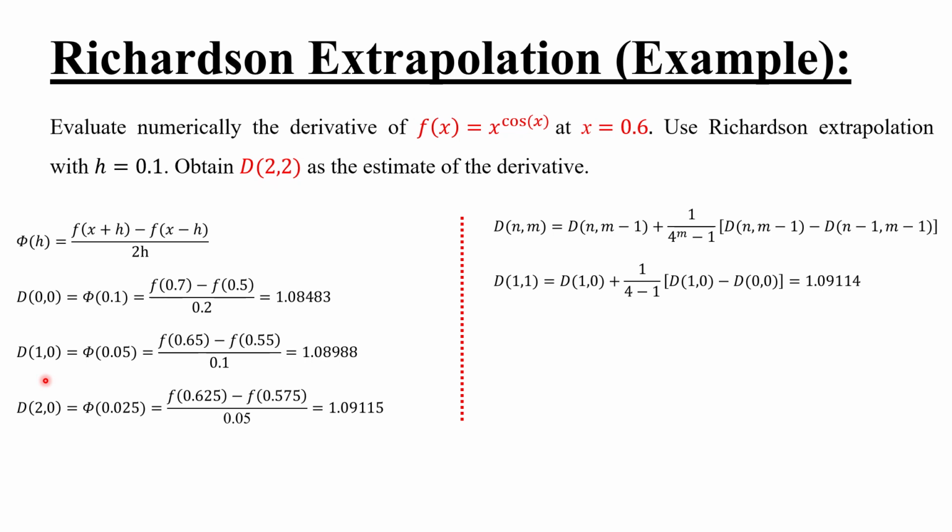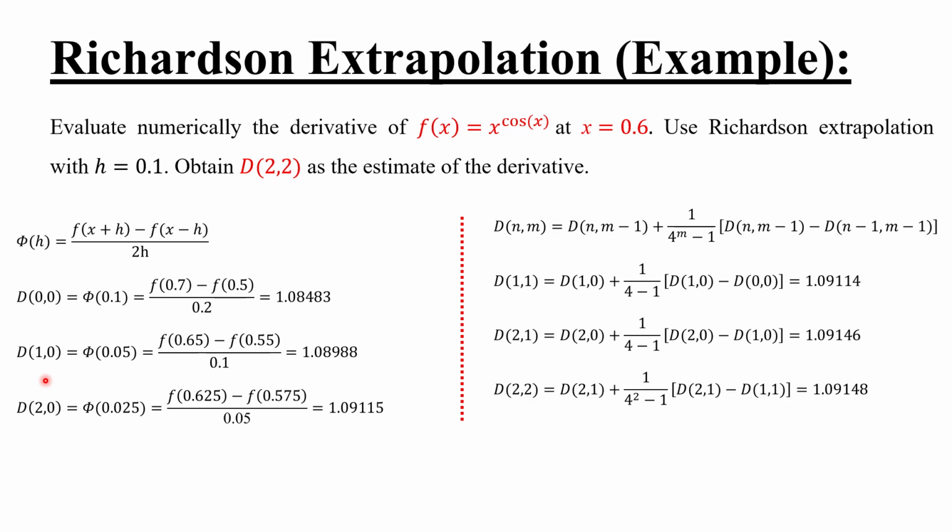Similarly, if we are interested in D22, just plug in the values D21 and D11 and you can easily calculate this. Because D22 is in the third column, we have to calculate D11 first and then we can calculate D22. So it's better to work with the table, where you can easily fill in the values and use this formula to calculate it.